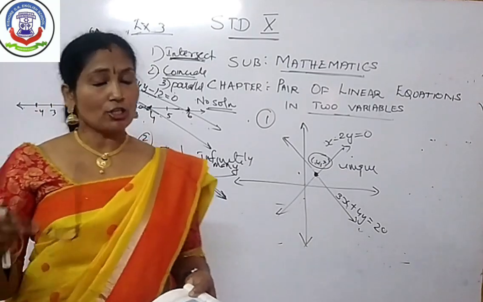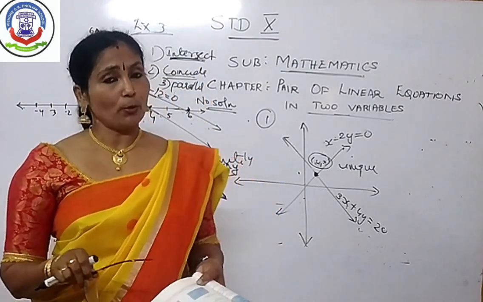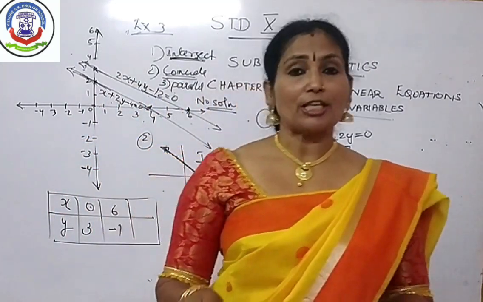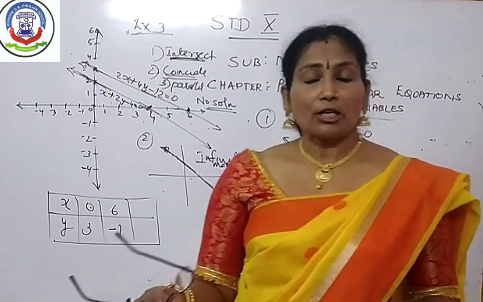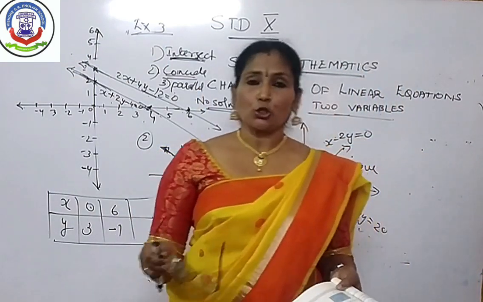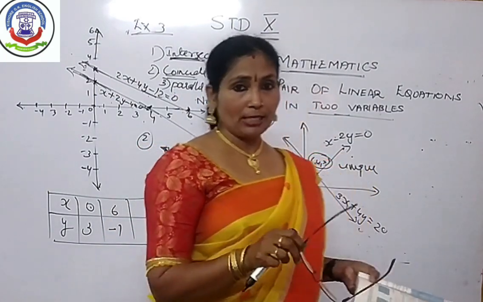What are the conditions for that? By looking at the pair of linear equations in two variables, you will be able to understand whether the equations have a unique solution, infinitely many solutions, or no solutions. Now I think you are getting clear about this.